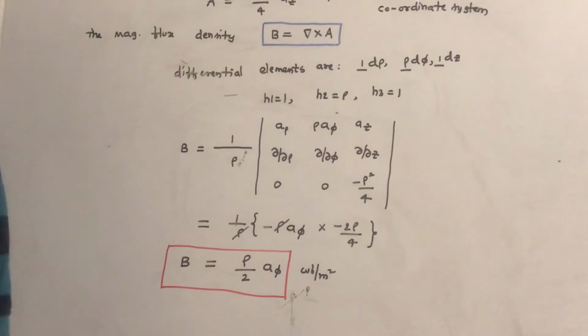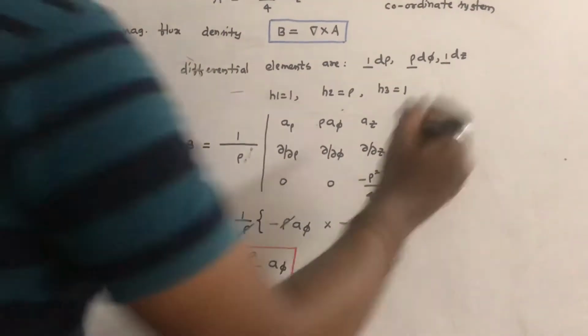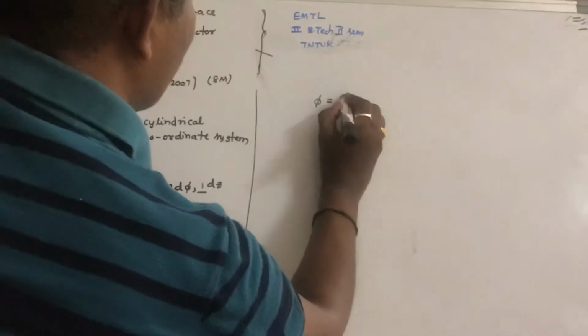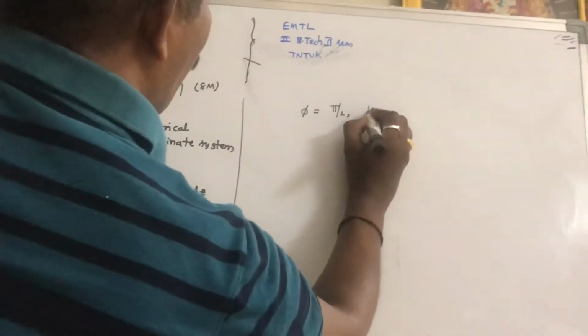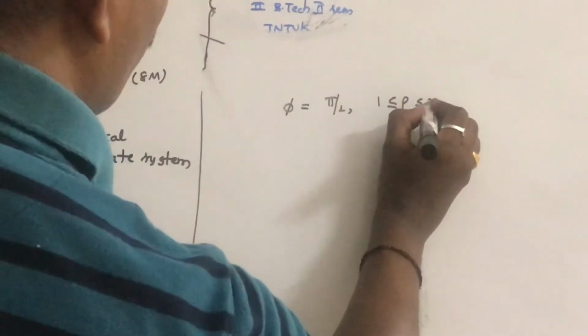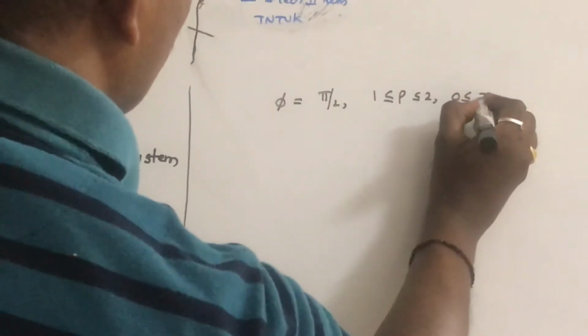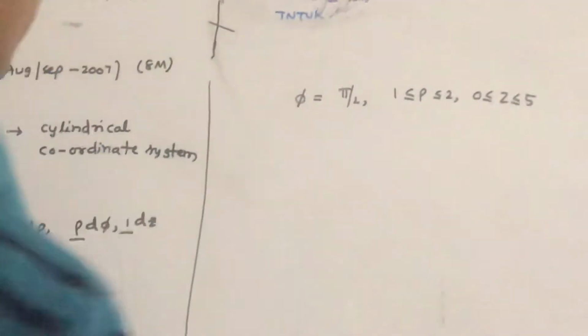Now what is asked? It is asked to calculate the magnetic flux passing through the surface phi equal to pi by 2, 1 less than or equal to rho less than or equal to 2, 0 less than or equal to z less than or equal to 5.